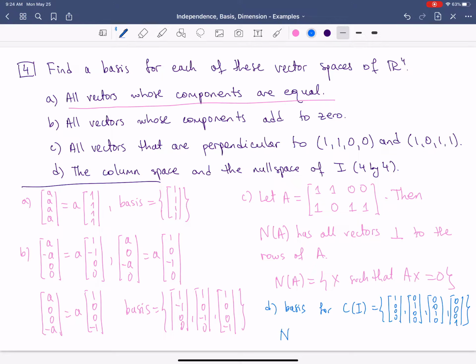And we will say that the null space of the identity matrix is 0. We will not say that 0 is a basis for the null space of A, because 0 is never part of a basis. So in this case, you could say that the null space of I doesn't have a basis because it is the 0 space. And with that, we are done for today.